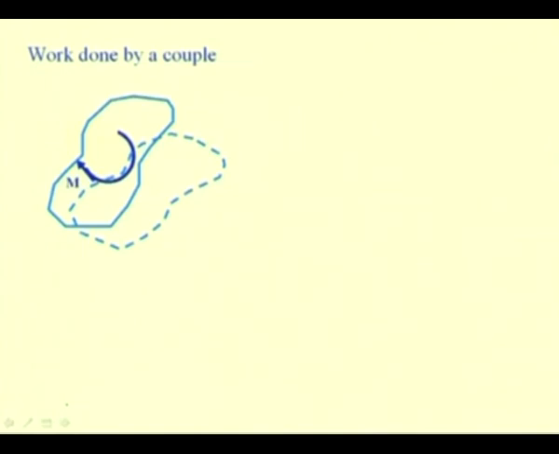Let us now see the work done by a moment. We have just seen the work done for finite displacement for a force. Let us see the work done by the moment for a finite angular displacement.